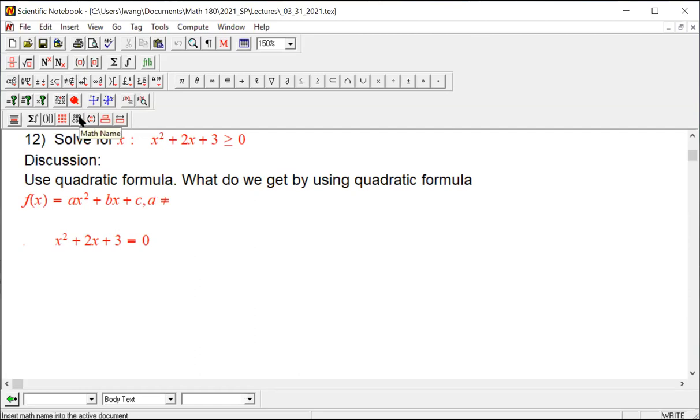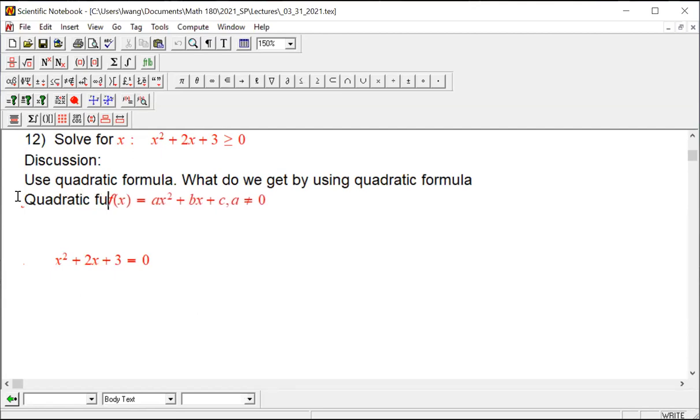I want to get this terminology right. This is called a quadratic function. Write down quadratic function. A quadratic function, as we understand, is a rule. A function is a rule that just tells you what the rule of the function is.